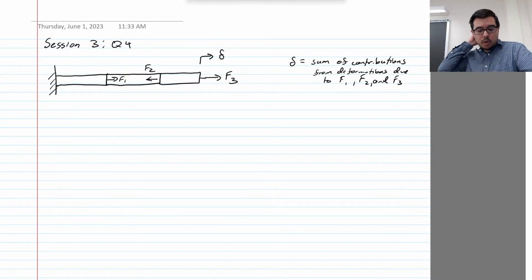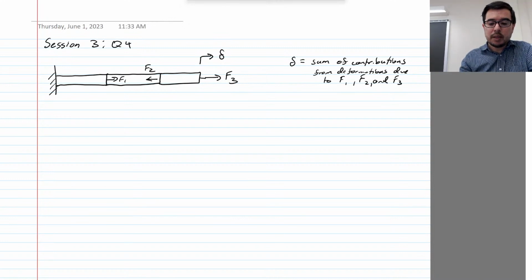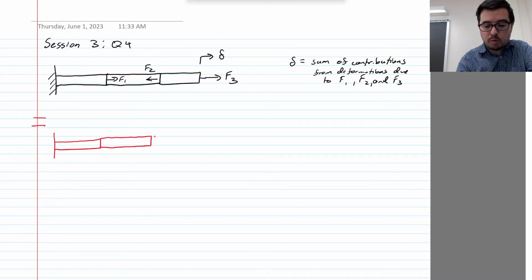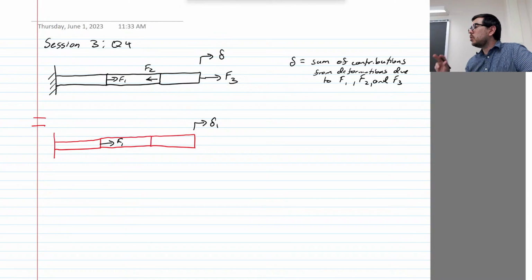So we're talking about breaking it into a problem where this is equal to some deformation due to just F1 at the end.